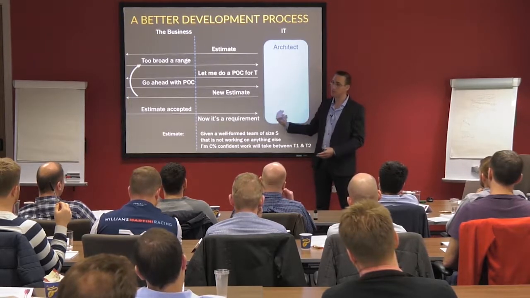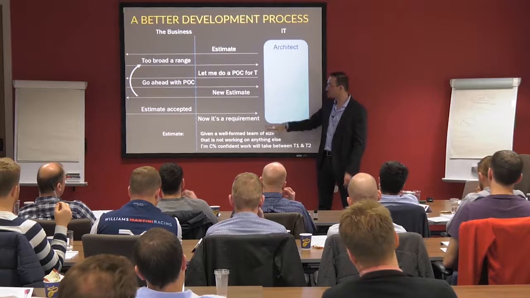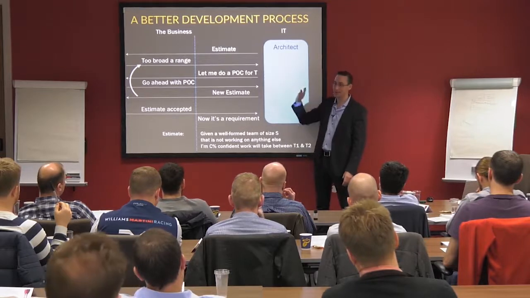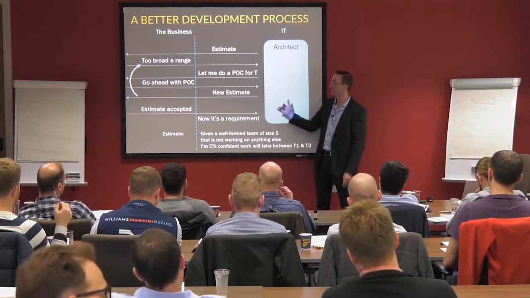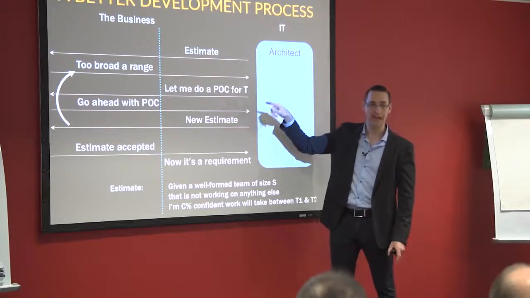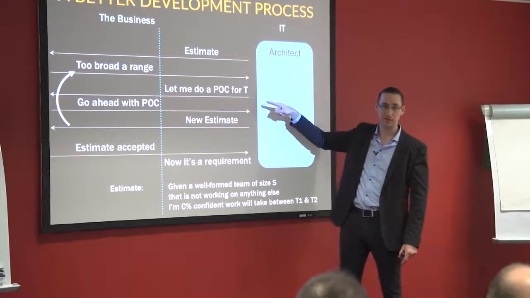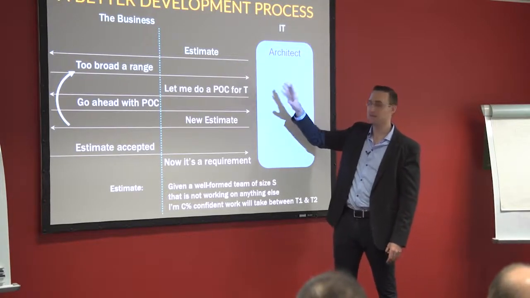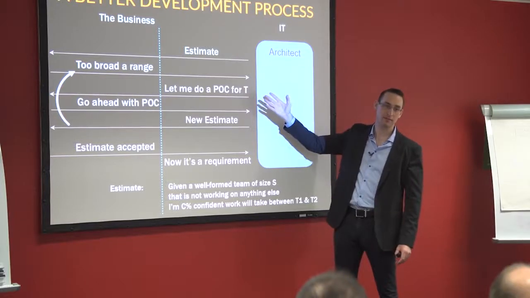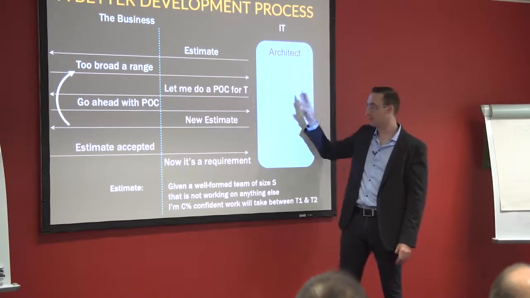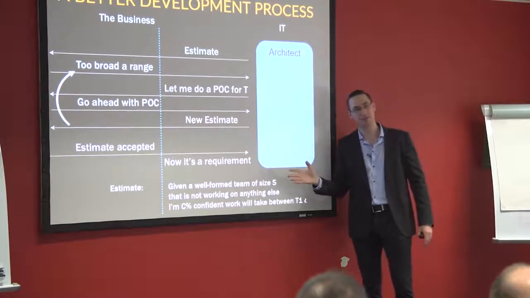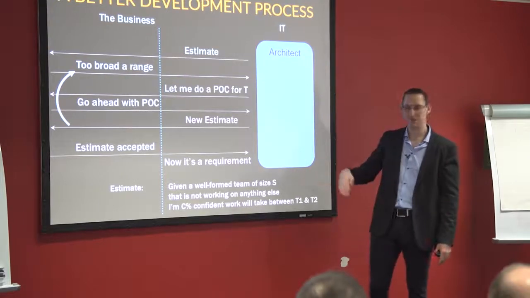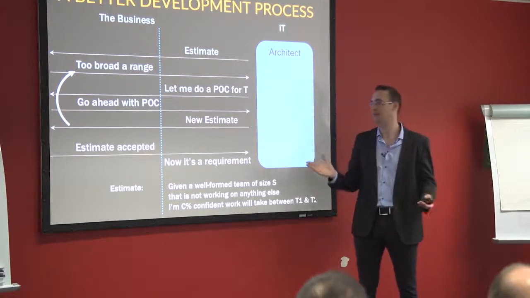So there's a negotiation that's happening here around the estimate, around proof of concepts as a risk reduction process, to loop as the proof of concept gets bigger and bigger, so the business says, look, I'm not going to give you another month to deal with this. Your estimate of saying you're 80% confident that it's going to take between 14 months and 16 months, I'll take that and we'll go with it.